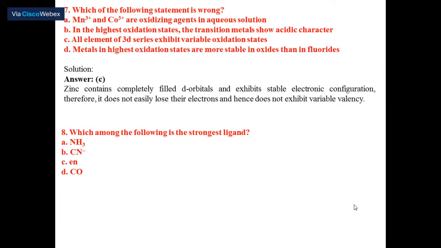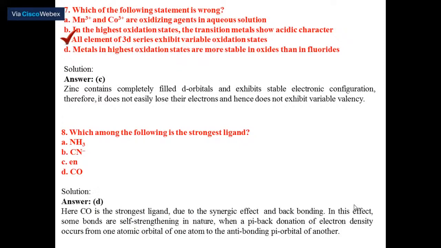Ethylenediamine is again a nitrogen ligand. And CO, in the spectrochemical series, the ligand having the highest strength is CO. They have placed CO first. So that means CO is the strongest ligand.